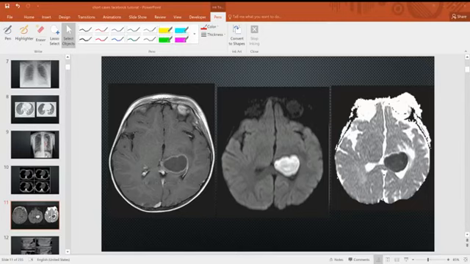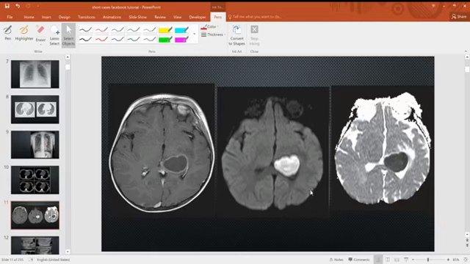mnemonic of the differential diagnosis of the ring enhancing mass. As we see here, this is the ring enhancing mass lesion, and the cavity of the mass shows restricted diffusion. On ADC it is black, and this is classic for abscess formation.